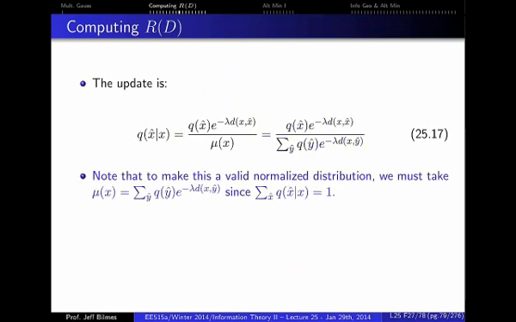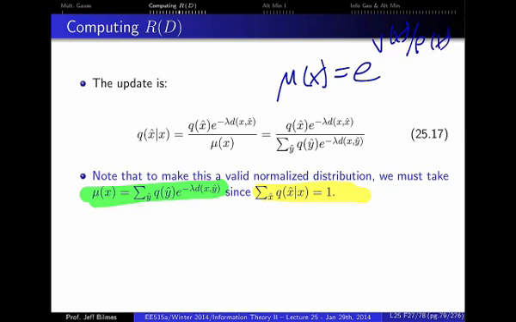So the first thing to note is that to make it a valid normalization, we need to do this, right? And the reason for that is because each row of the matrix needs to sum to 1. I already forgot what mu was. It was like e to the... Yeah, so mu, remember, we define mu of x to be equal to e to the nu x over p of x, negated.